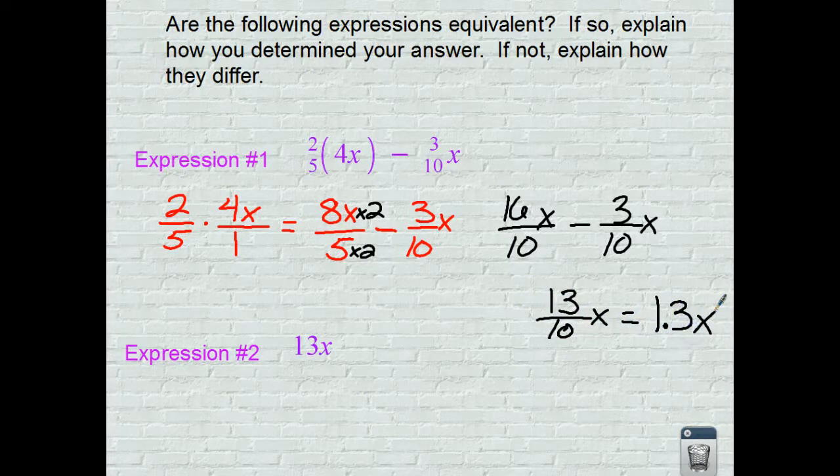So these are not equivalent. I don't have the same place value. I have a whole number 13.0, and I have a decimal mixed number here of 1 3/10 x. So these are not equivalent. They look kind of the same, but they're not equivalent.